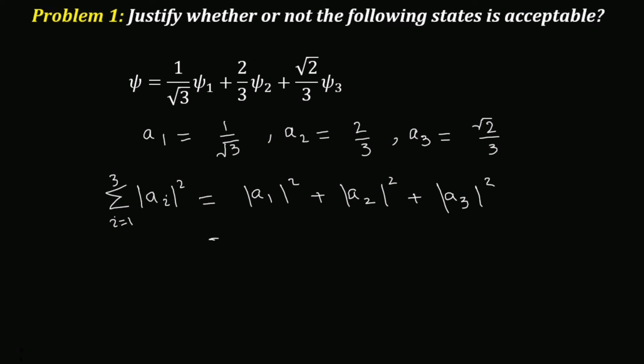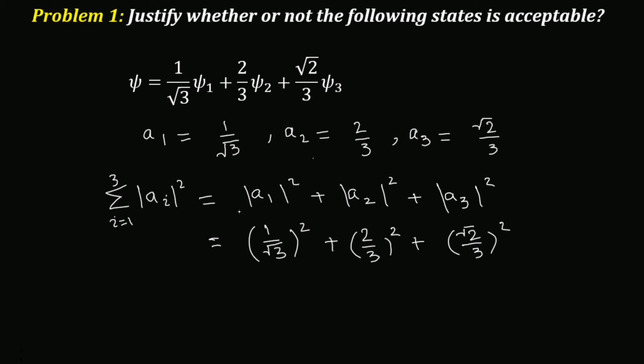Now putting in the values, the value of a1 is 1 over square root of 3, squared, and the value of a2 is 2 over 3, squared. In the same way, the value of a3 is square root of 2 over 3, squared.